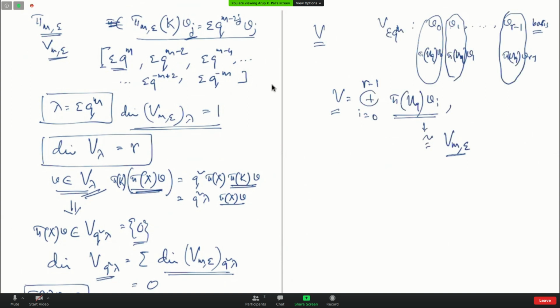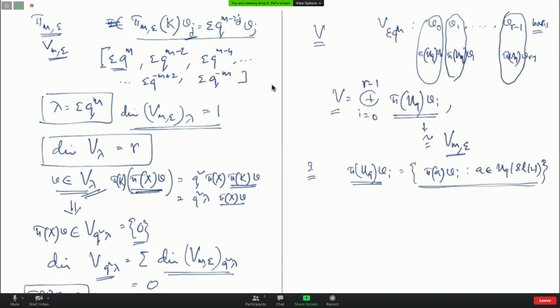Okay, so now first step, just look at this. So this is by definition π(a) v_i where you are letting a vary over this entire algebra. Let's call it U or whatever. So this is going to be an invariant subspace. That is clear, right?